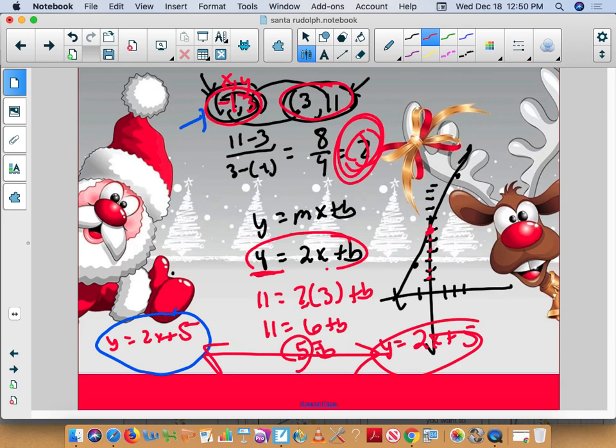So Susan, one option is to go to (-1, 3) and put a dot, and then go to (3, 11) and put a dot, and as straight as you can, connect those dots. Another person might graph it this way. All right, the y-intercept is 5, and the slope is 2.